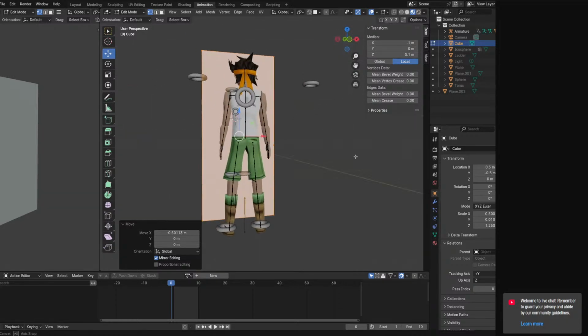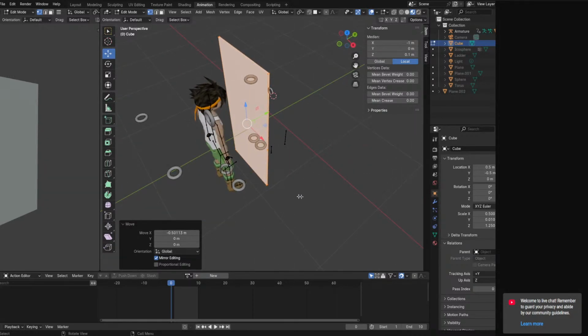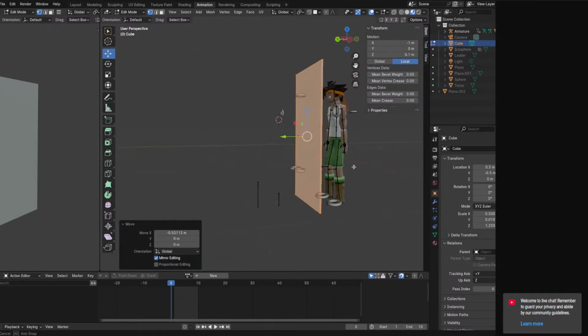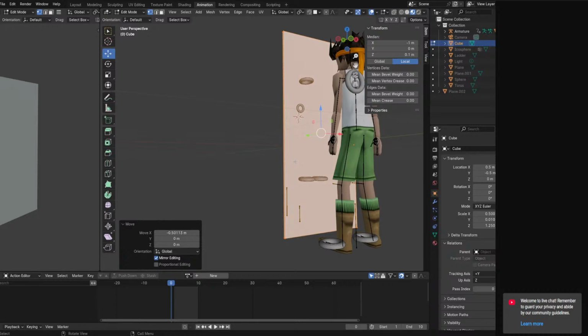This door isn't going to be imported into the engine. It's mostly just there to help me visualize where things should be in relation to each other.